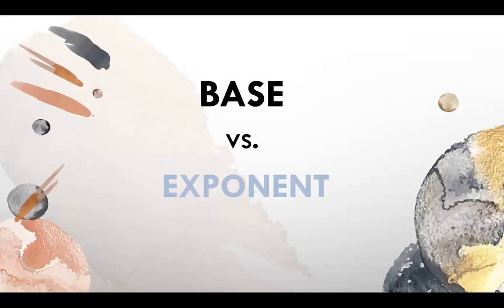Let's have a quick review all about base and exponent. So this is an example of exponential form. This can be read as 4 raised to the power of 3 or 4 raised to 3. Or in a simpler way, we can read this one as 4 cubed.